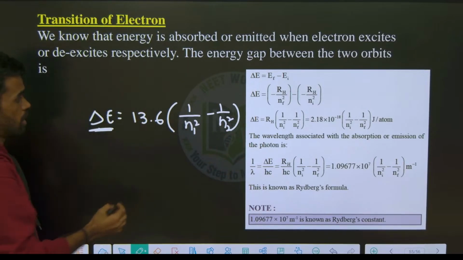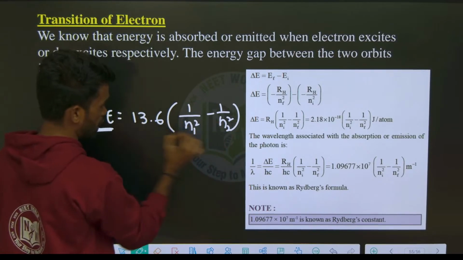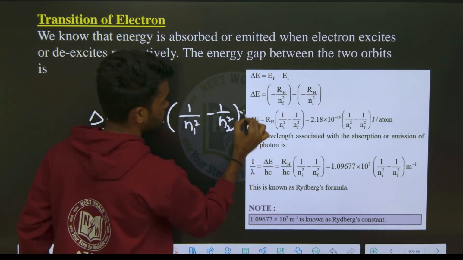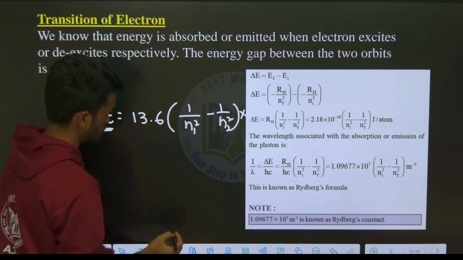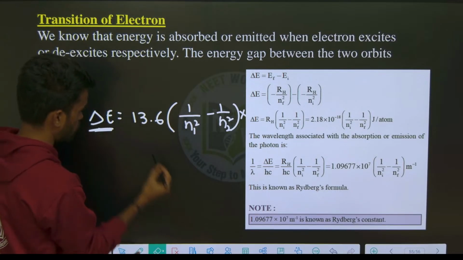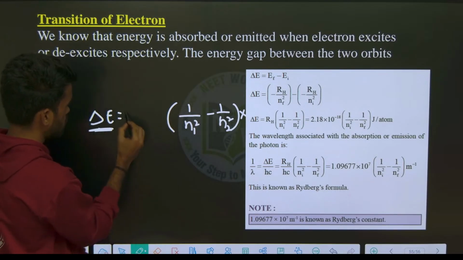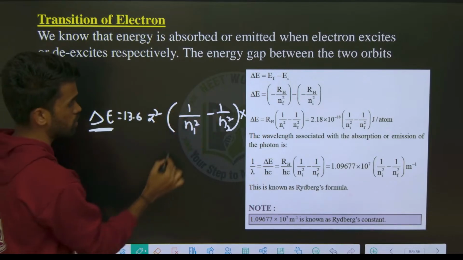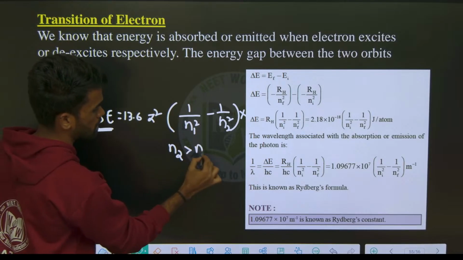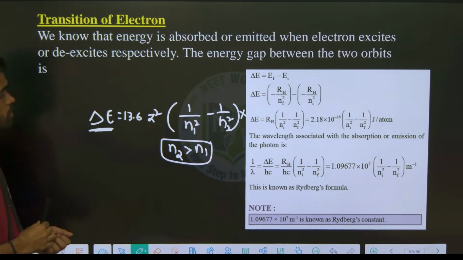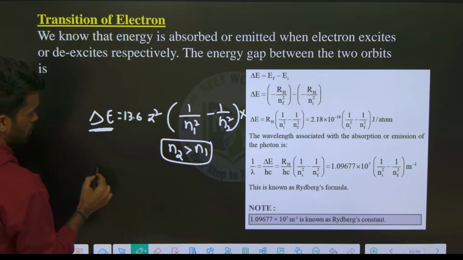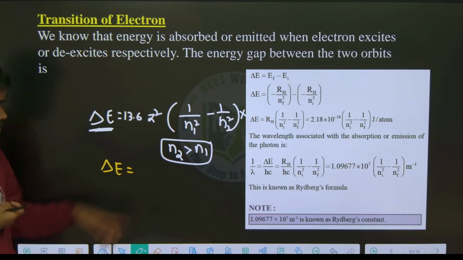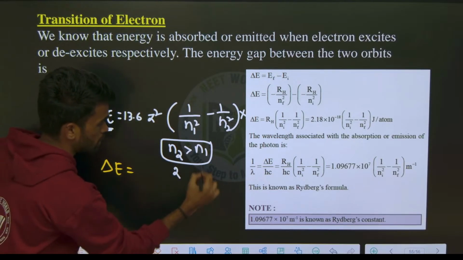This is for the hydrogen atom, and if it is other than hydrogen, I will insert Z square: 13.6 Z square times (1 by N1 square minus 1 by N2 square). Always N2 should be greater than N1. Now tell me what delta E we will get for N2 equals 2 and N1 equals 1.